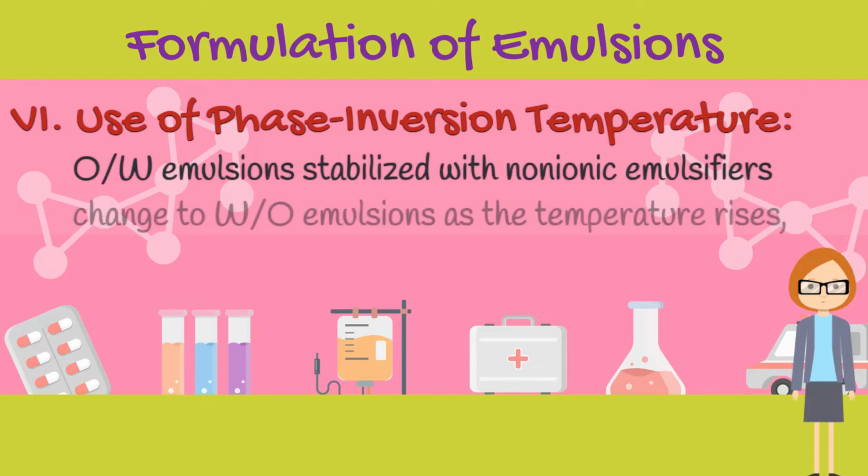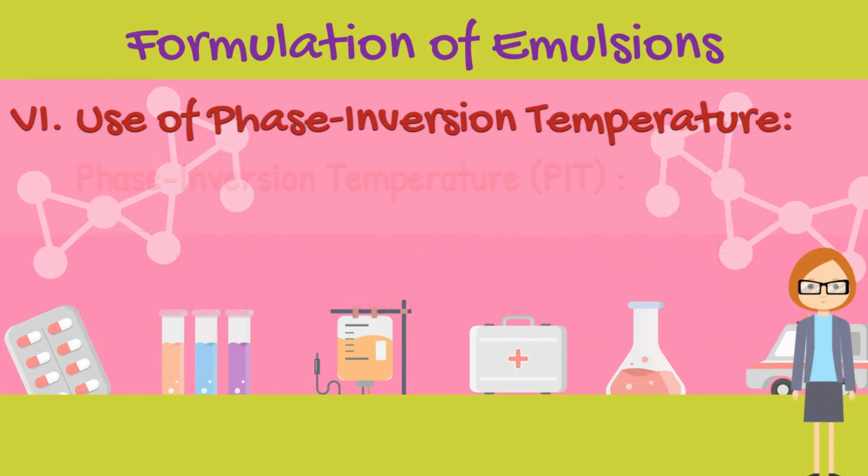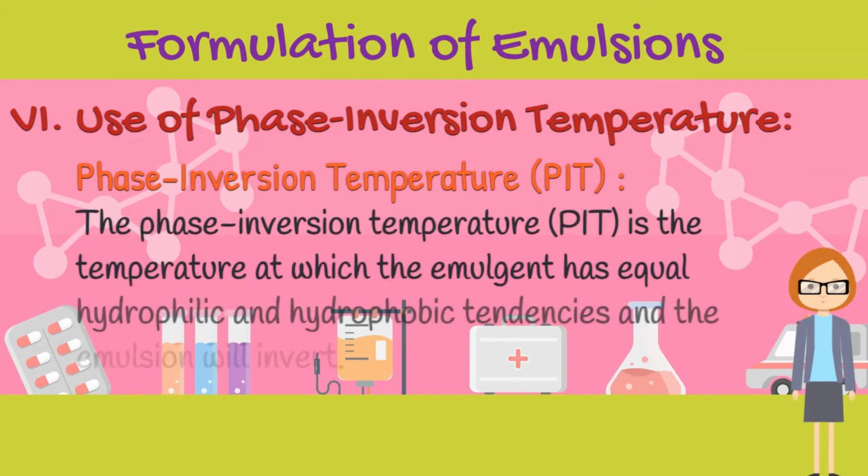Oil and water emulsions stabilized with non-ionic emulsifiers change to water and oil emulsions as the temperature rises, when the hydrophilic and lipophilic properties of the mixed emulsifier are just balanced. The phase inversion temperature, or PIT, is the temperature at which the emulgent has equal hydrophilic and hydrophobic tendencies, and the emulsion will invert.